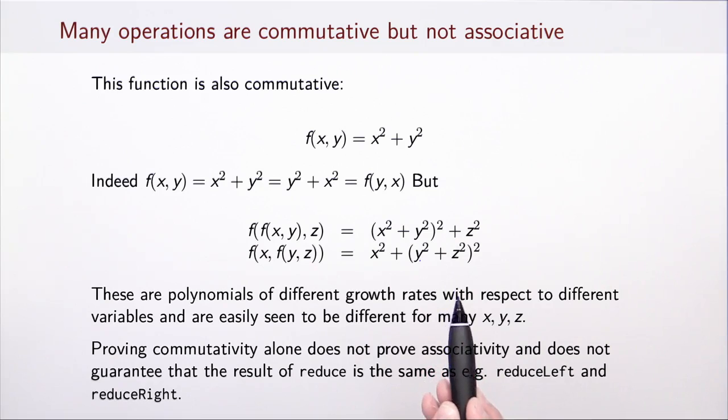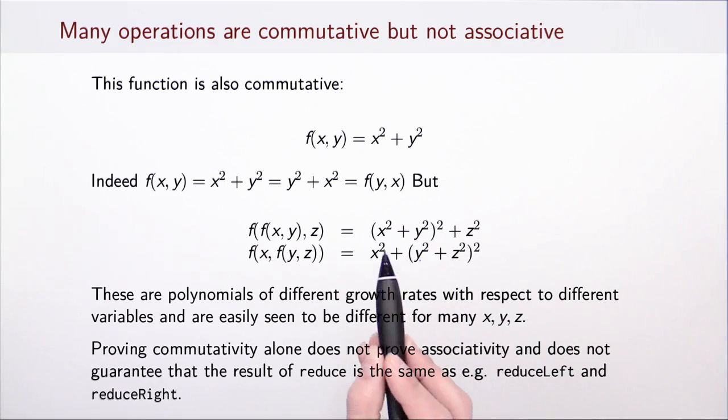These two expressions are easily seen to be distinct for many values of x, y, and z, because, for example, the degree of x on the left hand side is 4, where it is 2 on the right hand side. So because of such examples, it is important to keep in mind that proving commutativity alone will not be sufficient to imply associativity, or that reduce gives the same result regardless of the order of operations.